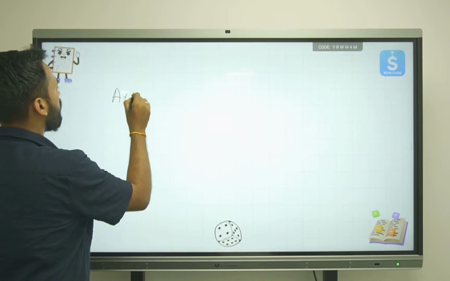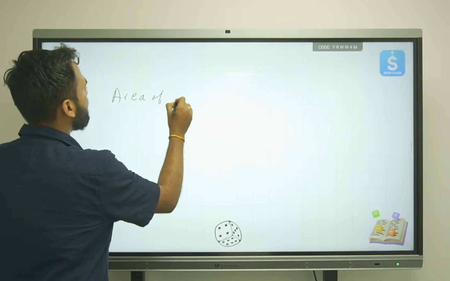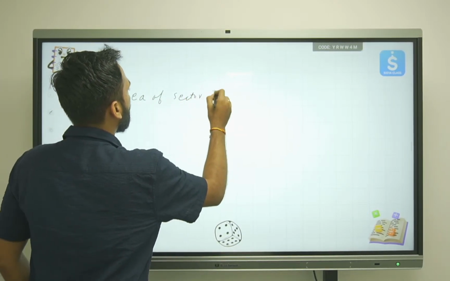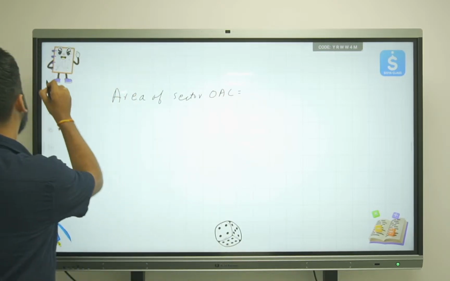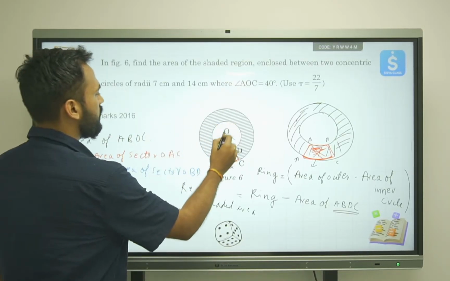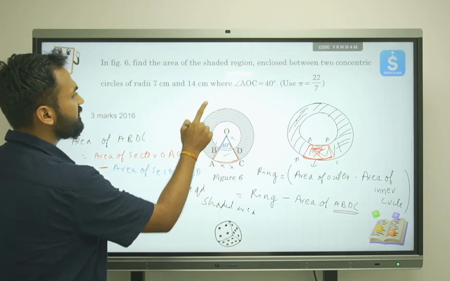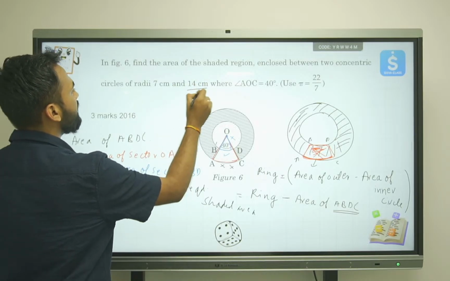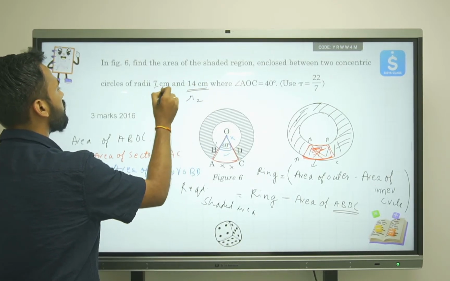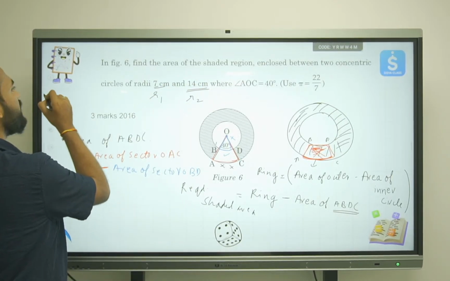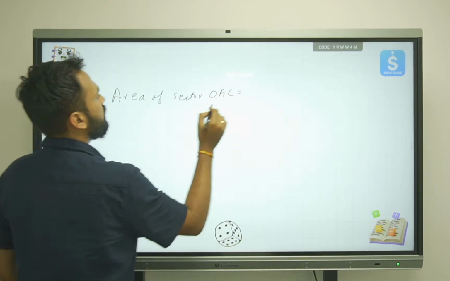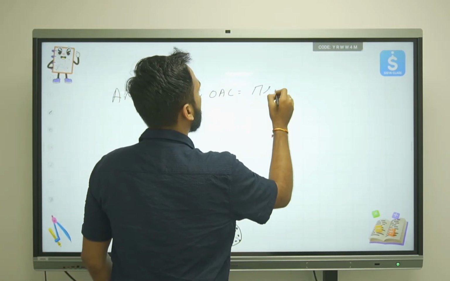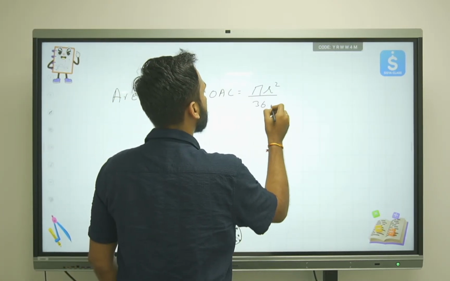Area of sector OAC. For sector OAC, the radius is 14 centimeter. Let me substitute the value. Pi r square by 360 degree into theta.